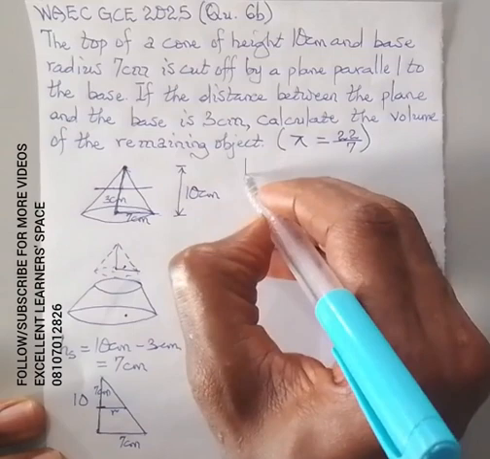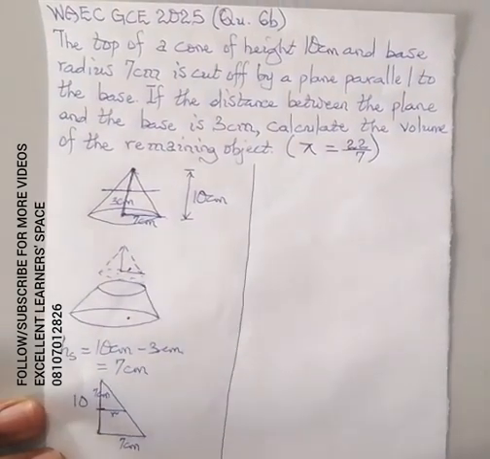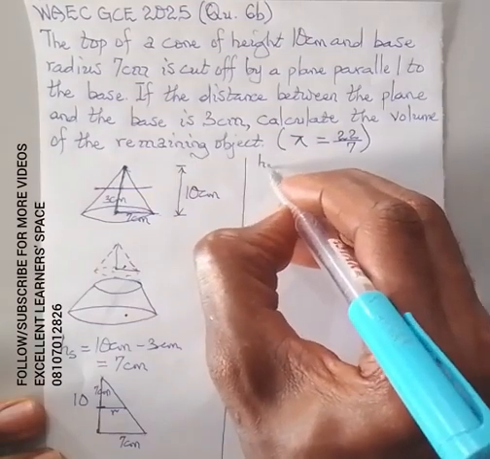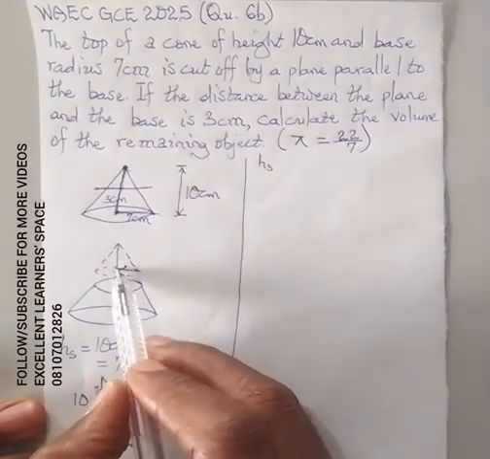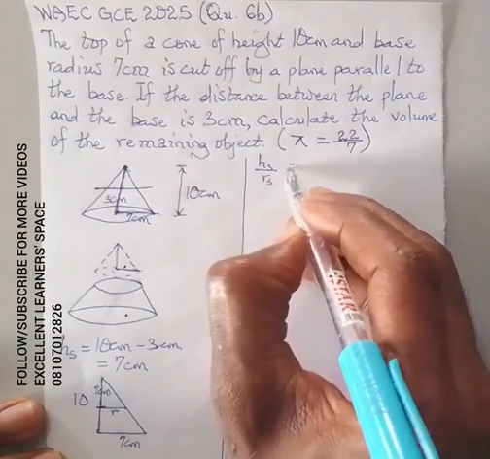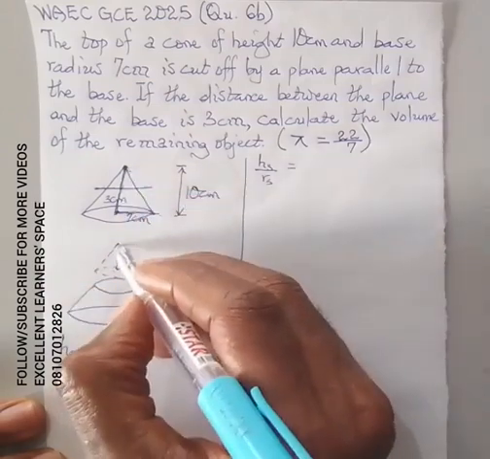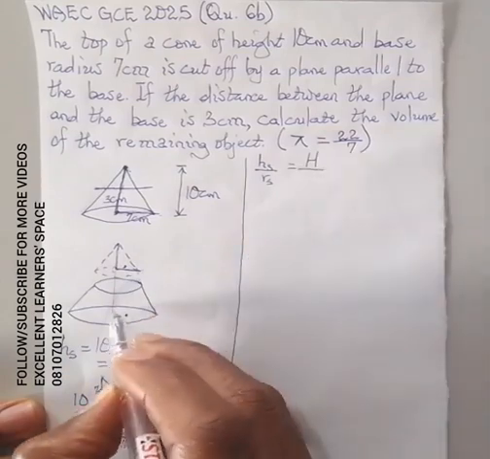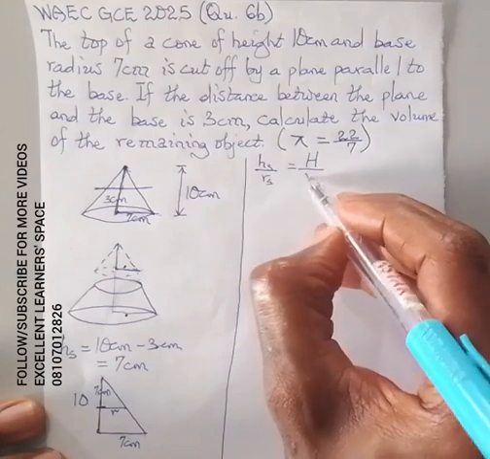I'm going to use the formula for similar triangles. That will be height of smaller cone over radius of smaller cone equals height of bigger cone over radius of bigger cone.